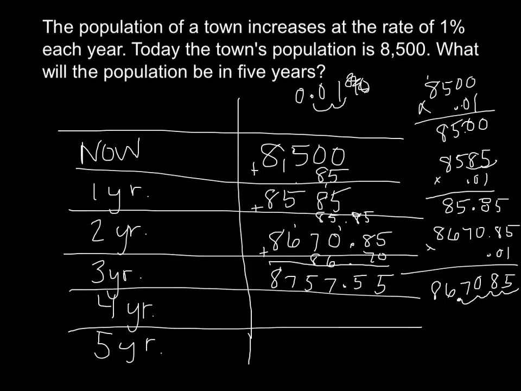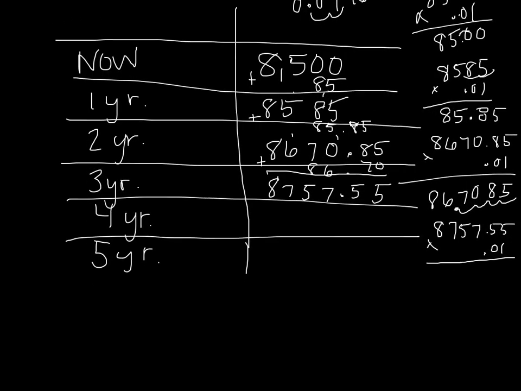Okay, again, 8,757.55. Multiply that by 0.01. And I'm going to move us up here. So I get 5, 5, 7, 5, 7, 8. Bring it over 4 spots because we have 4 to the right.